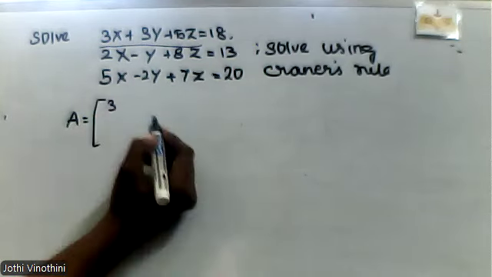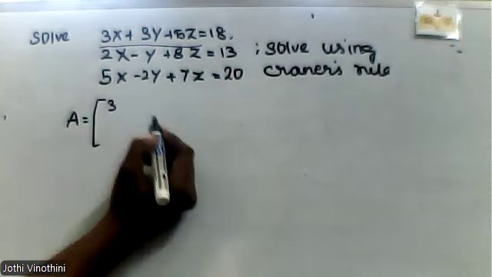A equals 3, 4, 5; 2, minus 1, 8; 5, minus 2, 7. X equals x, y, z. And B equals 18, 13 and 20. Clear? Clear.